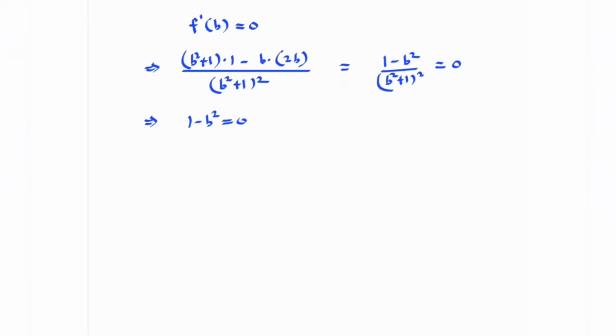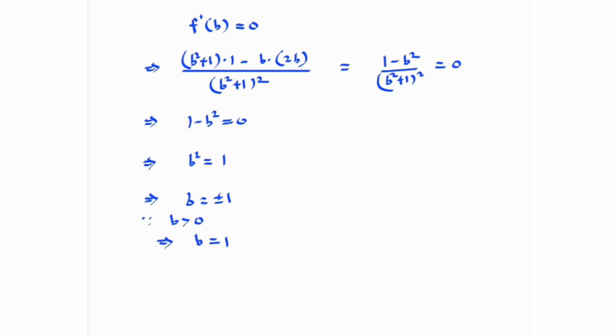Since b is a real number, b² + 1 will not be 0. So 1 - b² equals 0, we get b² = 1, or b = ±1. Since b is assumed to be greater than 0, b will be 1.